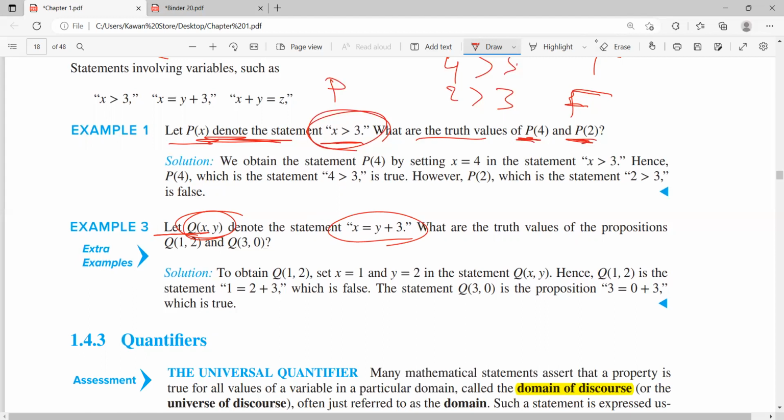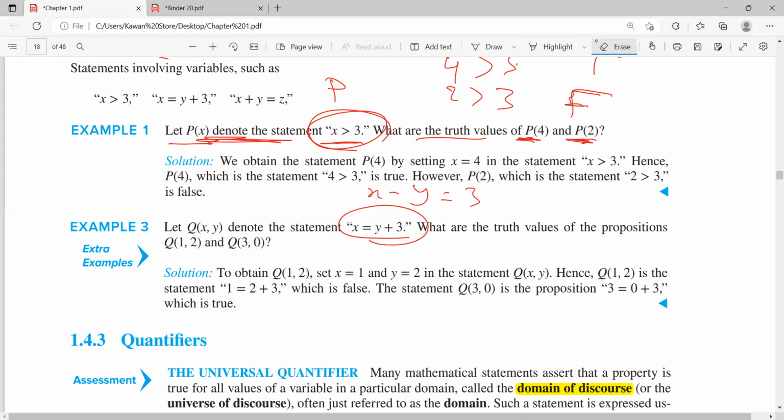So tell me about Q of 1, 2 and Q of 3, 0. Which one is true, which one is false? You can change that to say X minus Y equal to 3. Am I right? So put in the values and substitute one by one. Your duty is to substitute, that's it, and tell me whether your substitution is true or not.